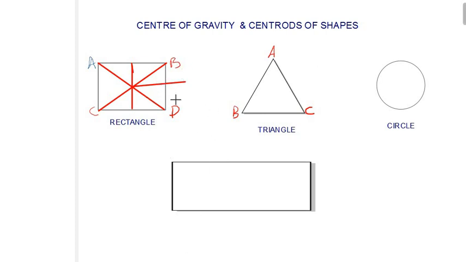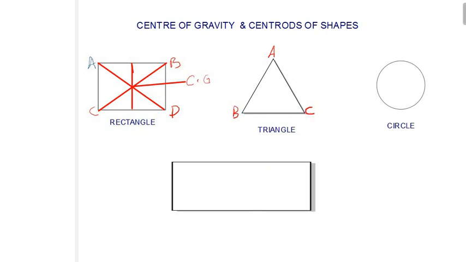That is where the center of gravity of this shape is expected to lie. This point here is the center of gravity of this shape.